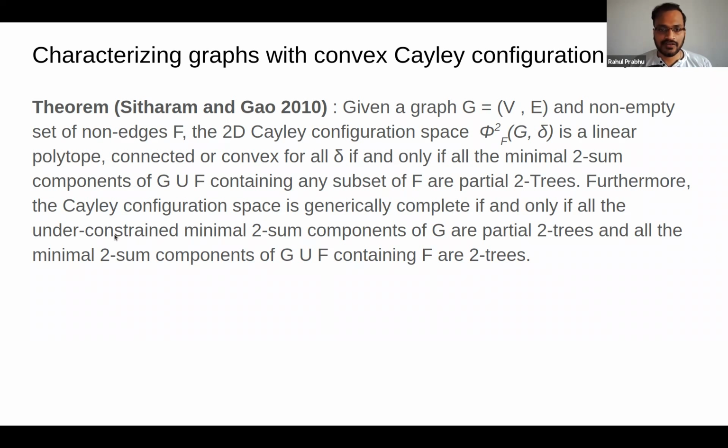Furthermore, the Cayley configuration space is generically complete if and only if the under constrained minimal two-sum components of G are partial two trees, and the minimal two-sum components of G union F containing F are two trees. So it's basically saying everything in the previous theorem and extending it a little bit. So we'll not spend too much time on it.